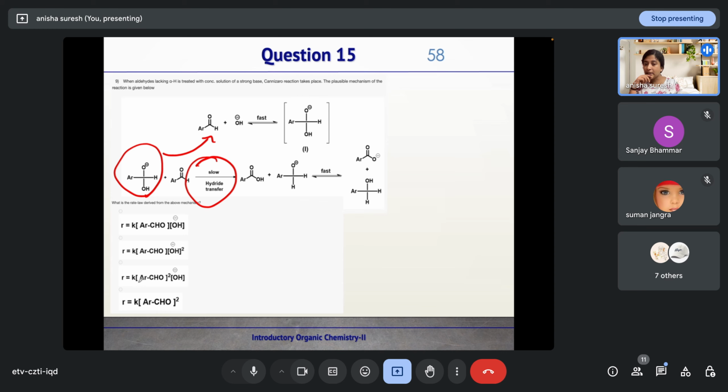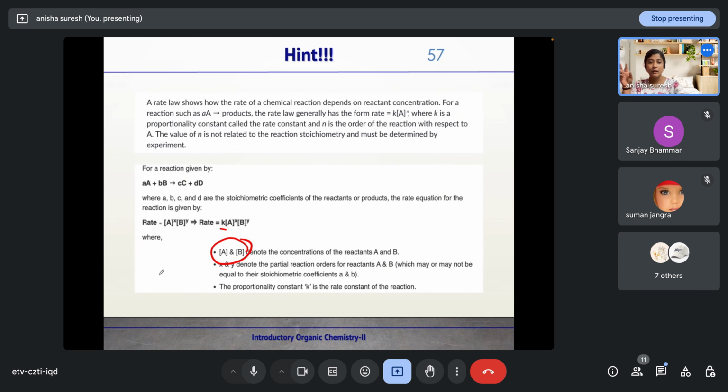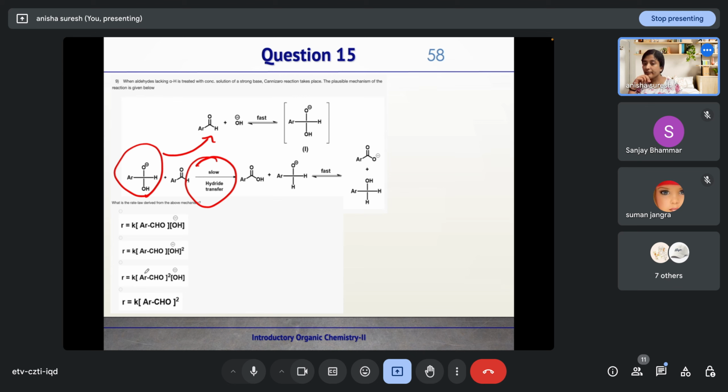So here the rate will be k into concentration of aldehyde to the power 2. Here maybe it is already determined that the stoichiometric coefficient is equal to the order of the reaction.